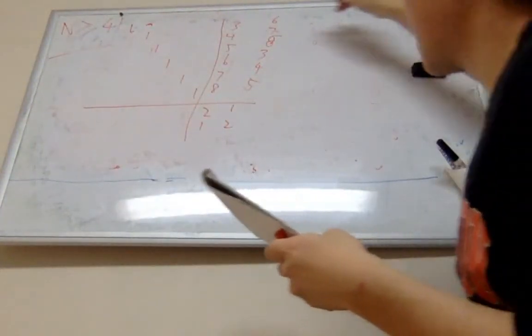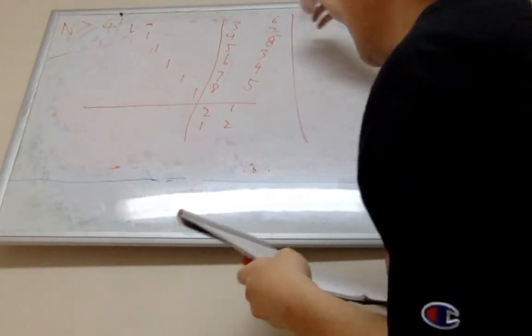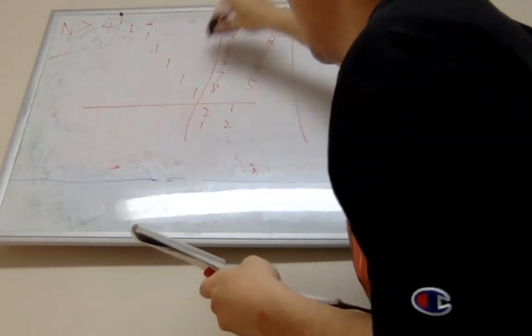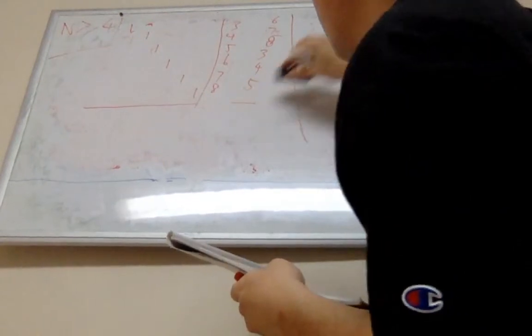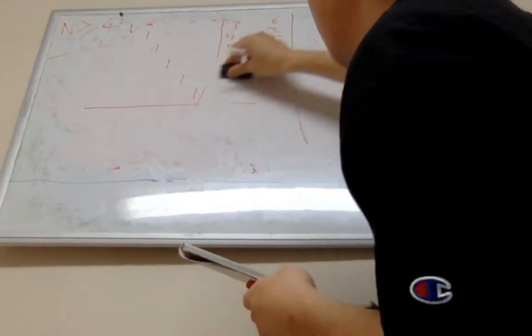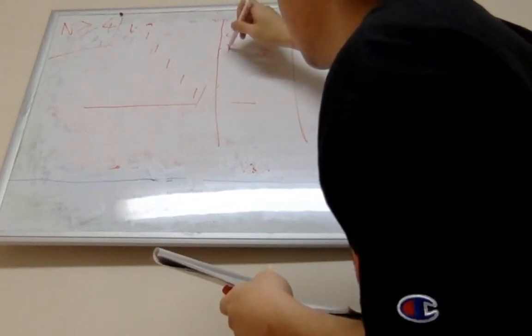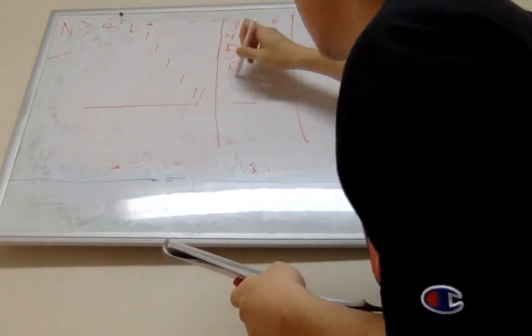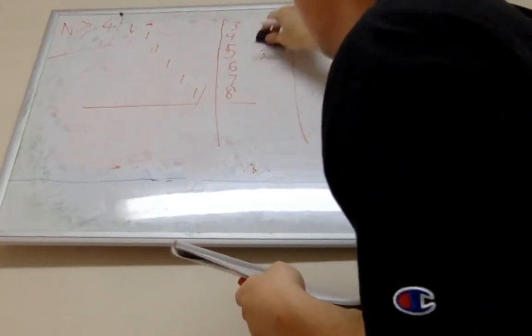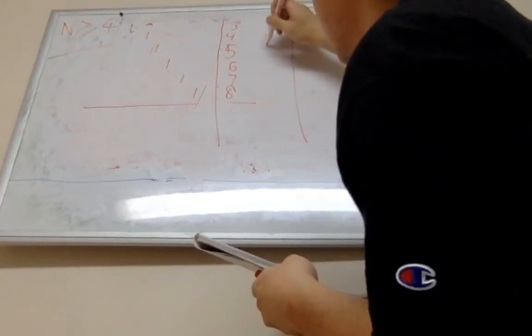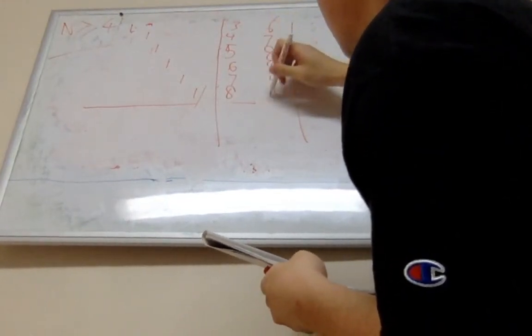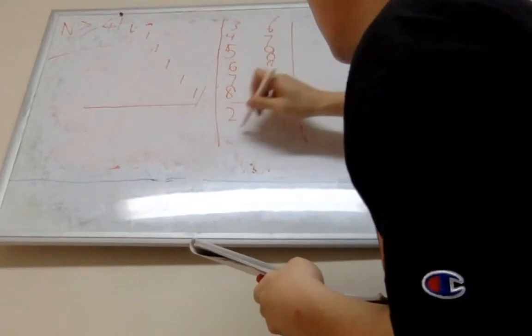Oh my god, this is very slanted. Let's write it in a nicer form. And this is 2, 1, 1, 2.